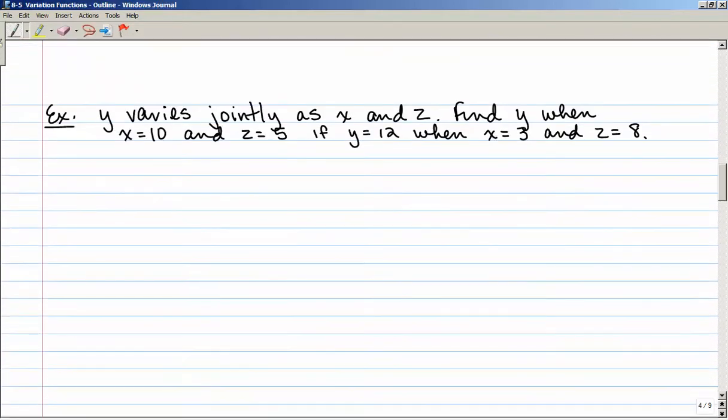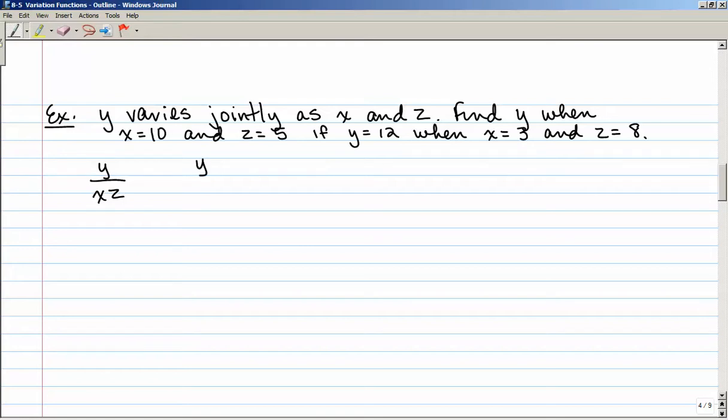It says that y varies jointly as x and z. So I know that that's going to be y over x times z, because that's what joint variation is. Find y when x equals 10 and z equals 5, if y equals 12 when x equals 3 and z equals 8. So these 3 numbers are joined together, and my unknown that I have to find, y, is joined with this x and this z.